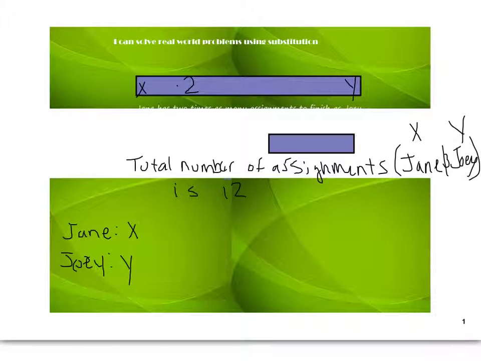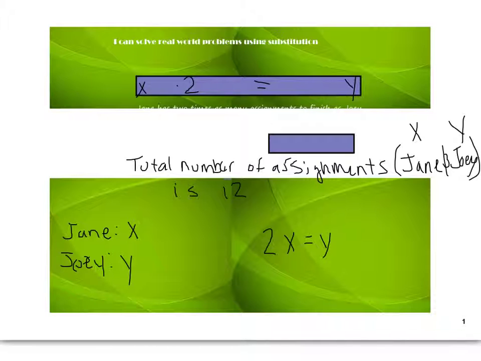If we multiply by 2 the number of assignments that Jane has, then we will get the number of assignments that Joey has, meaning that those 2 sides are equal. That 2 times your Jane will equal your Joey. Okay, so now we have one equation: X times 2, or 2x, equals y.